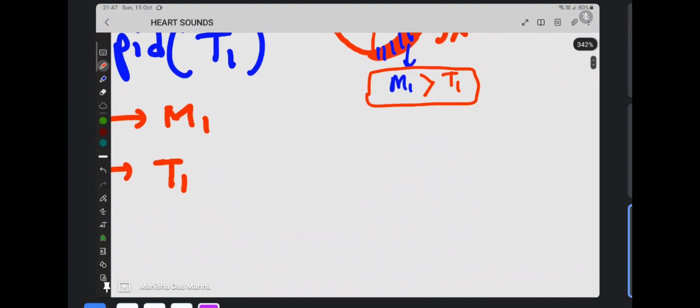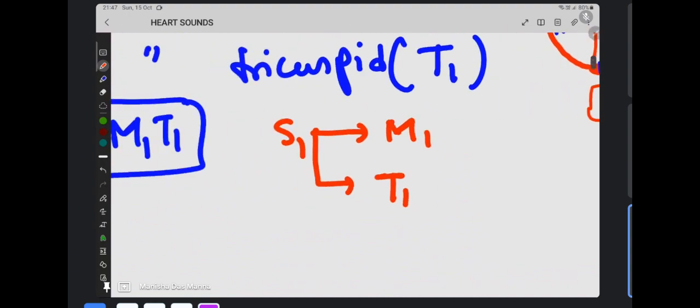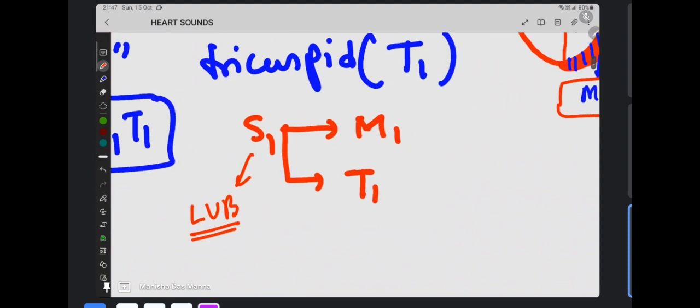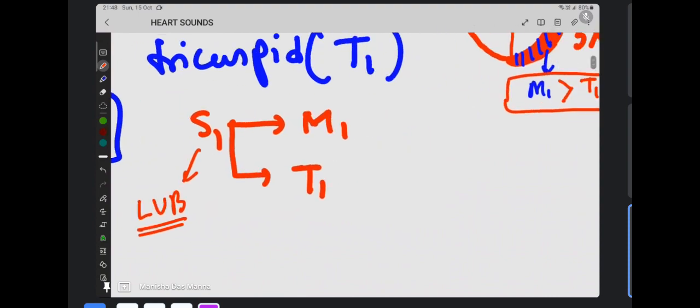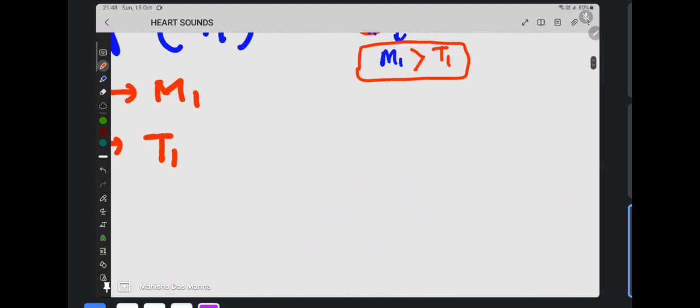And there is a time gap. The heart sound is not a single sound. The first heart sound is something like lub, and the second heart sound is dub. There is a slight difference between M1 and T1. So let's imagine this is the first heart sound S1, then the second heart sound S2, then again the first heart sound S1.